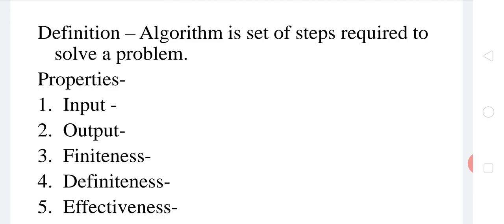The next one is finiteness. In every case an algorithm terminates after a finite number of steps, which means the algorithm must terminate after a number of steps. Next one is definiteness. All the steps should be clear. Definiteness means the steps should be clear.